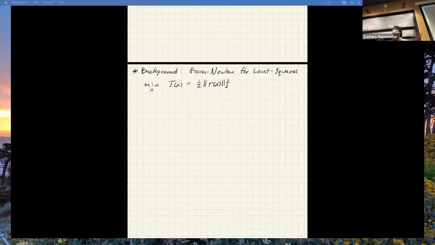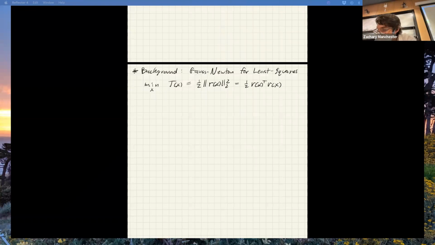The residuals are whatever your errors are, right? And this is equal to 1/2 r transpose r. So that's where least squares comes from. The thing you're minimizing is the sum of the squares of the residuals.